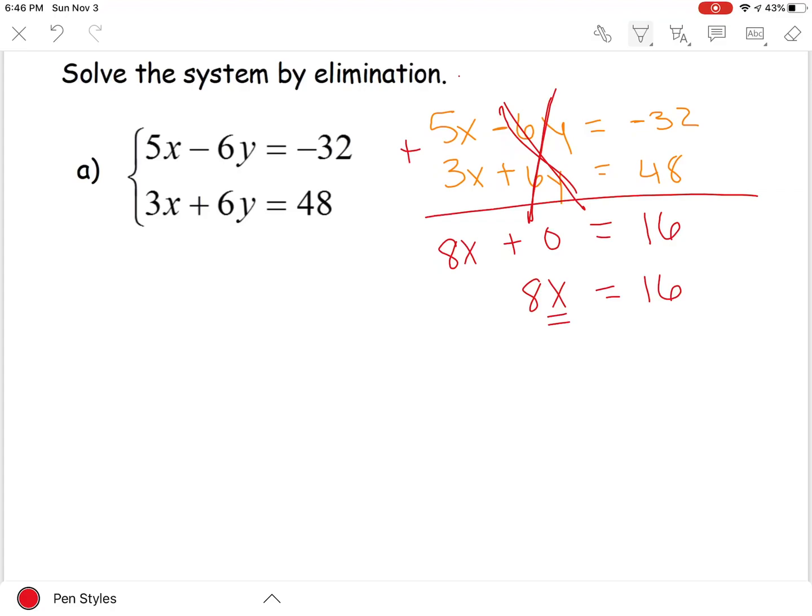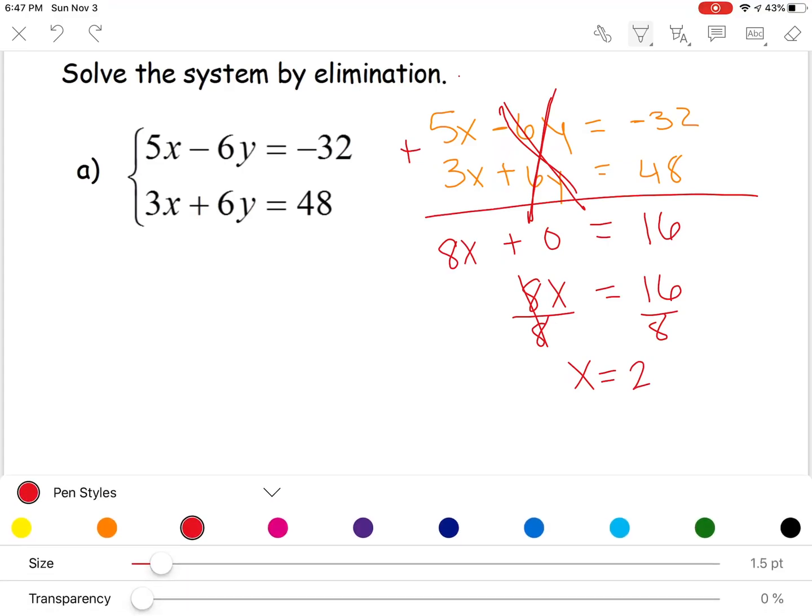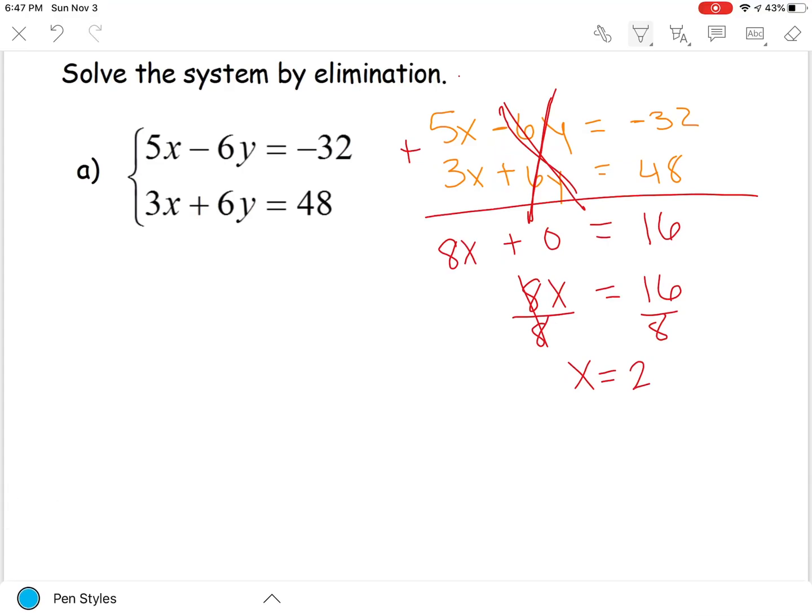Notice that now, since we only have that one variable x, we are going to be able to solve for x. So we'll divide by 8 on both sides, and x equals 2. Now that we know what x equals, we can plug that value into either of these original equations to find y. It doesn't really matter, so I'll just pick this bottom one. Instead of 3 times x, we'll have 3 times 2 plus 6y equals 48.